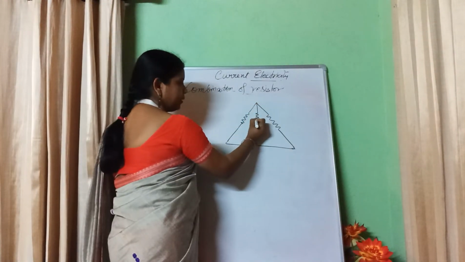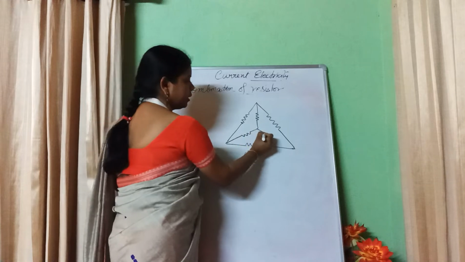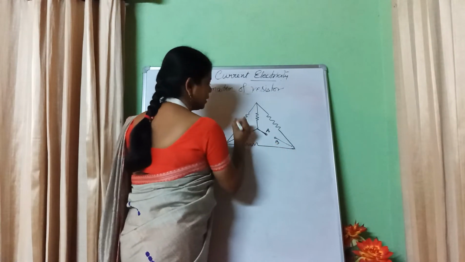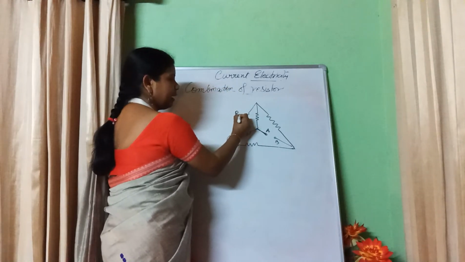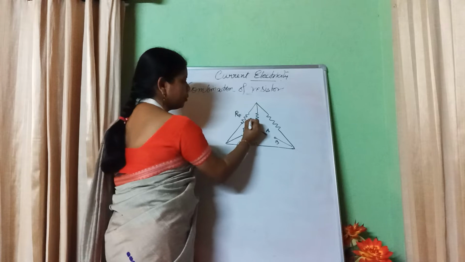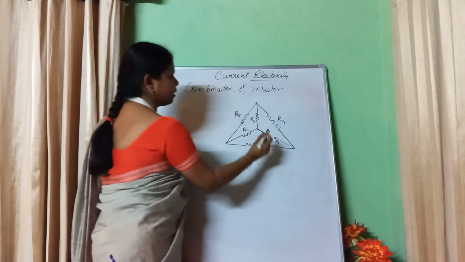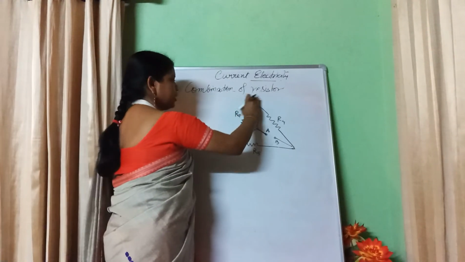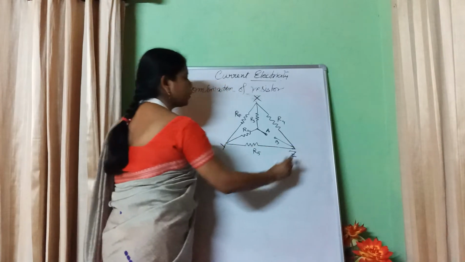Here we have a resistor, here we have a resistor, here there is a point A and there is a point B. All values are 2 ohm. I will write R1, R2, R3, R4 and R5 so that it becomes easy for me. Let me write this as X, Y, Z.